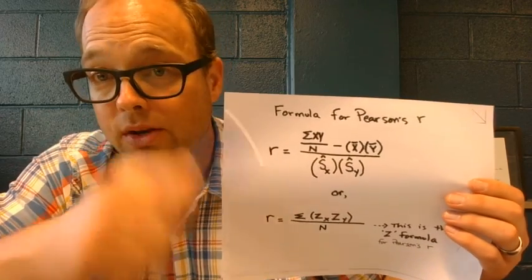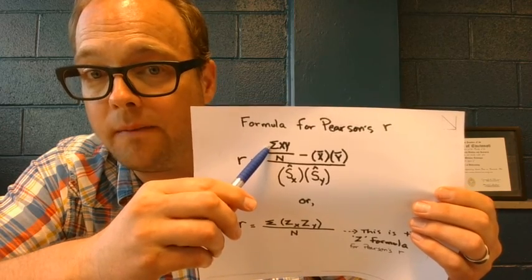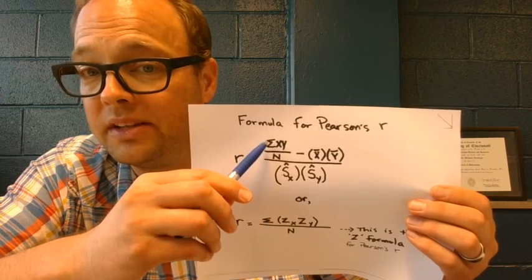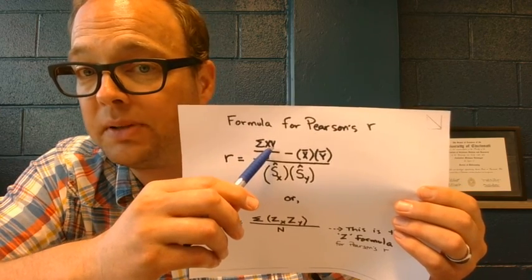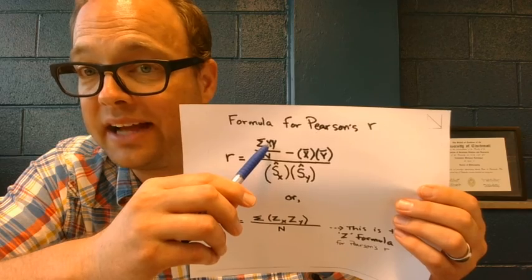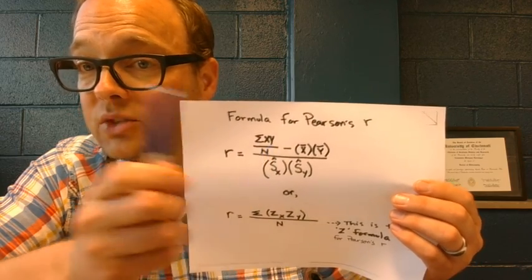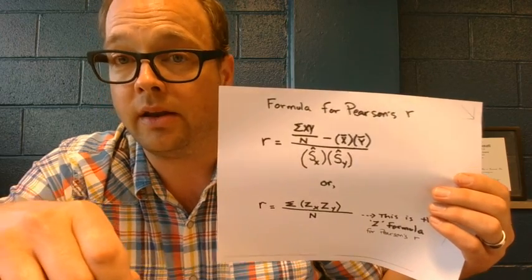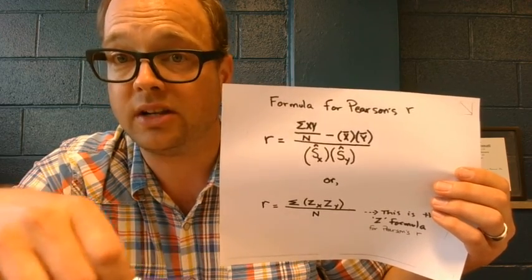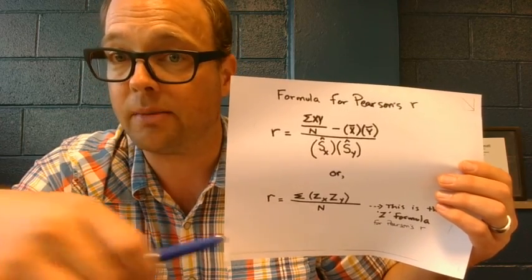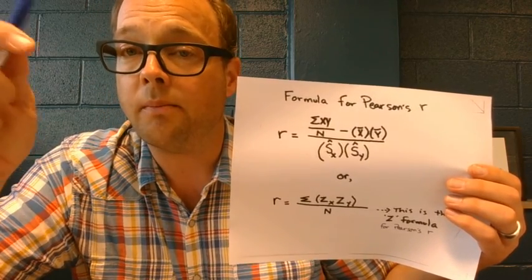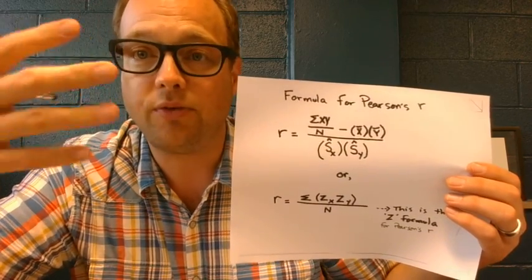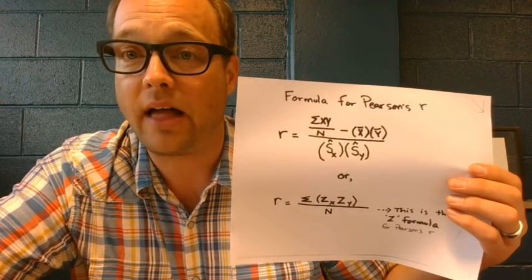Now, what might be new to you is this symbol right here, sigma xy, or sigma x times y. What this symbol is telling us to do is to multiply each case's x times its corresponding y. Because remember, in relational analyses, correlational analyses, scatter plots and Pearson's r, we have a sample that has provided us with two pieces of information, a value for an x variable and a value for a y variable.